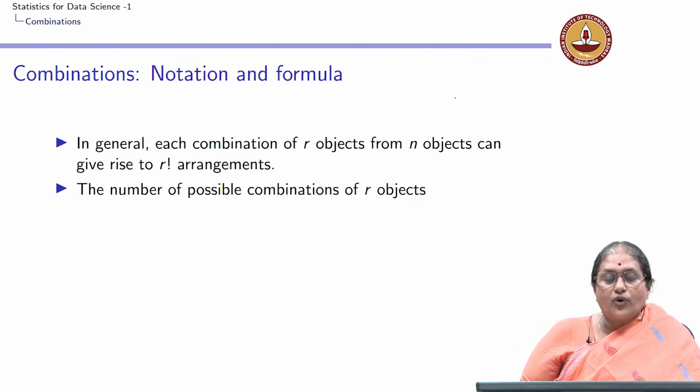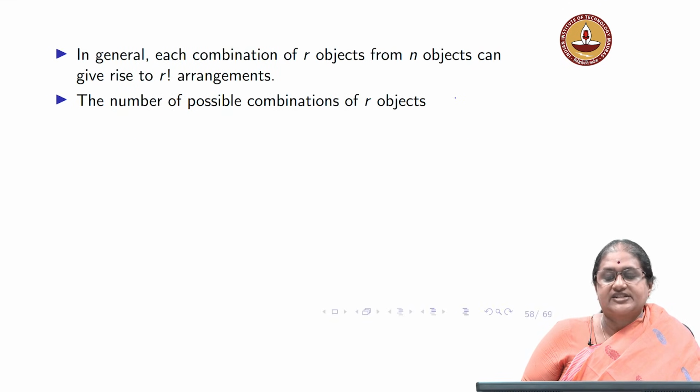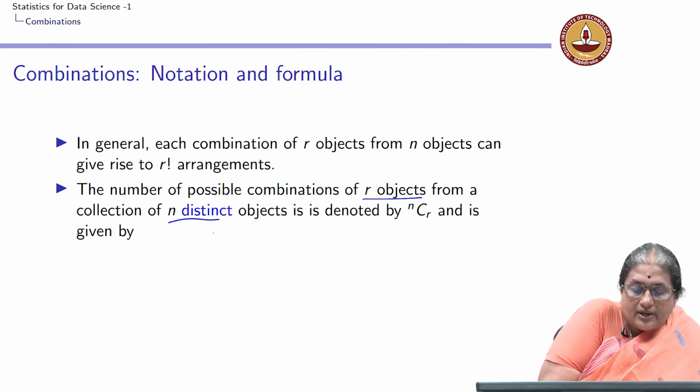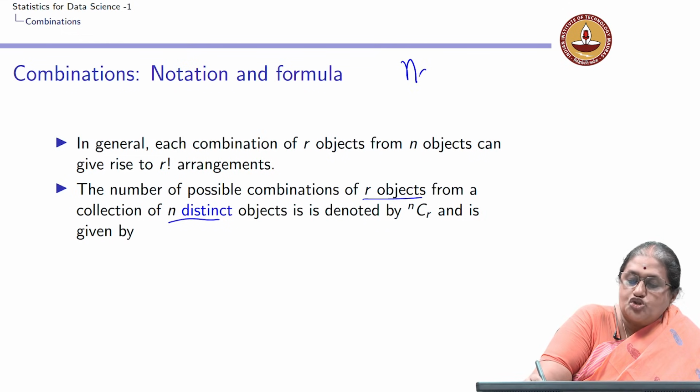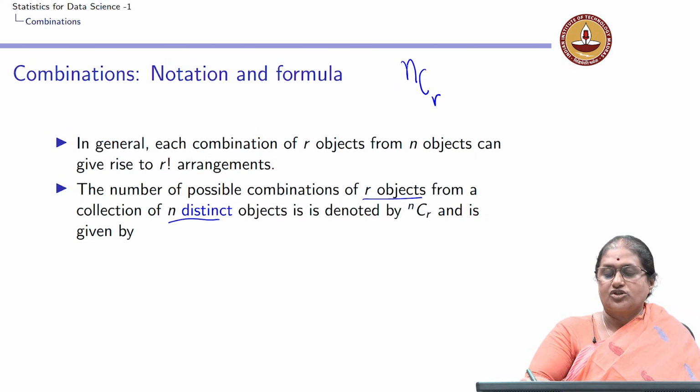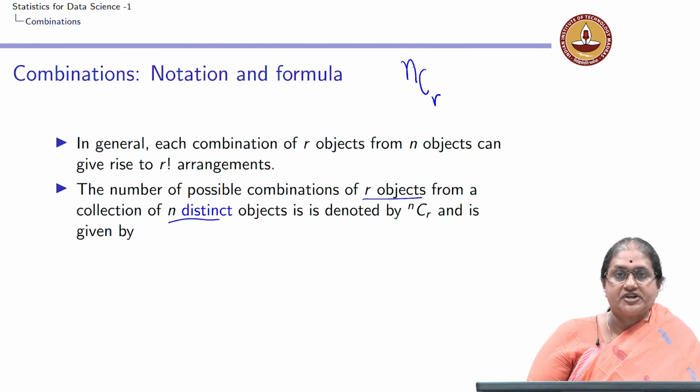So, if I am going to denote the number of possible combinations of r objects from a collection of n distinct objects, I repeat, the number of possible combinations of r objects from a collection of n distinct objects, it is denoted by n choose r. I am choosing r from n distinct objects. So, this is the number of combinations.